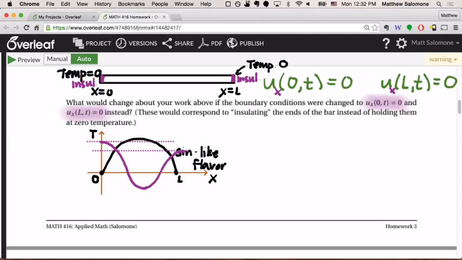When you imposed the boundary conditions in the original problem, what changes in the situation where the boundary conditions now relate to the derivative instead of relate to the original function? So just looking back at the work you did that gave you sines in the first place and rethinking that particular step should show you where something that looks like cosine will pop out instead.